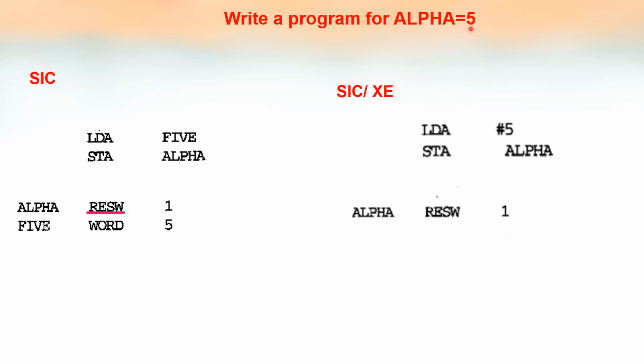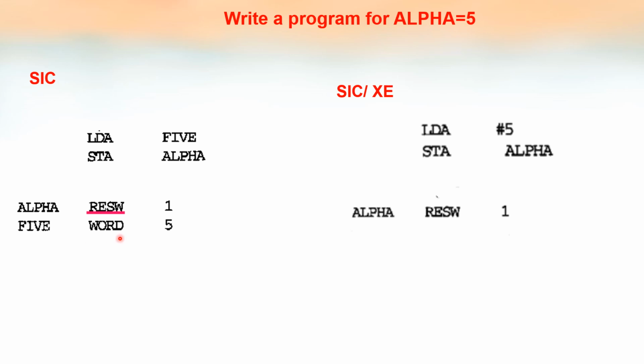Again, we are using a constant here, 5. That constant also has to be declared here. We cannot directly use constants in SIC with the instruction. For declaring an integer constant, we have to use the assembler directive WORD.